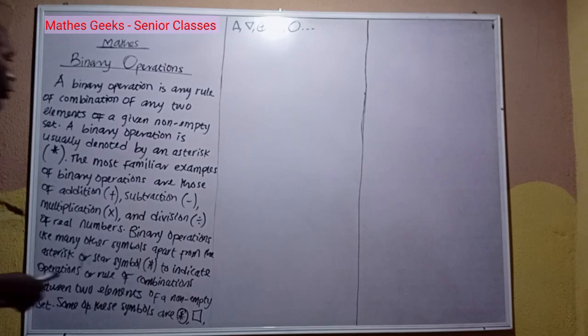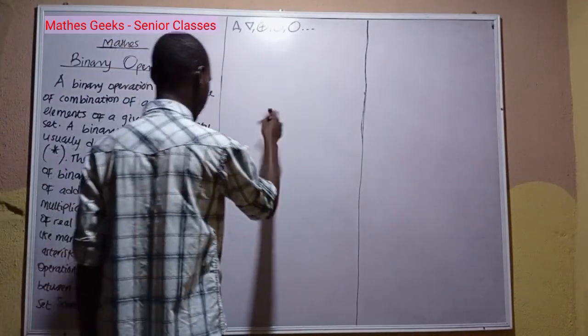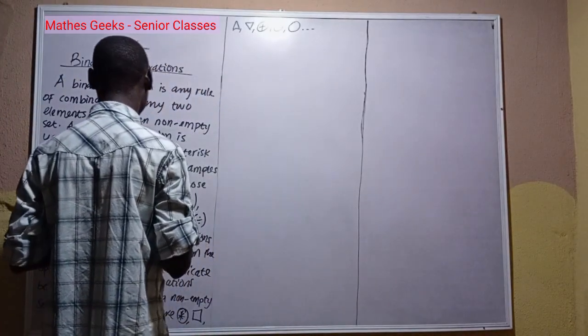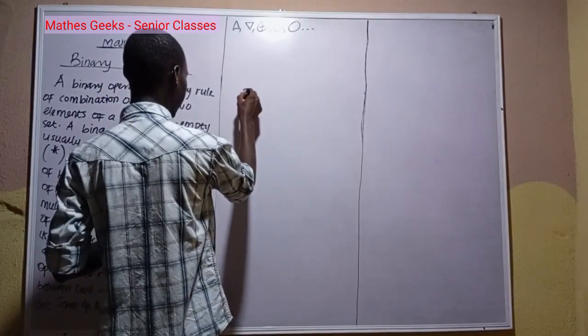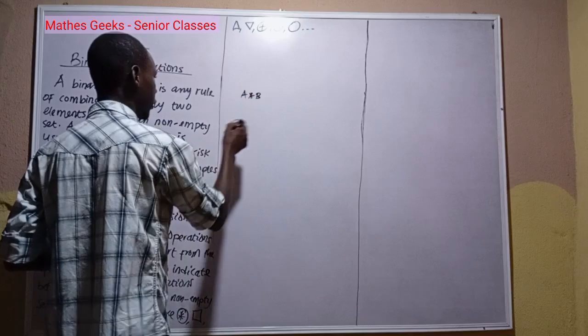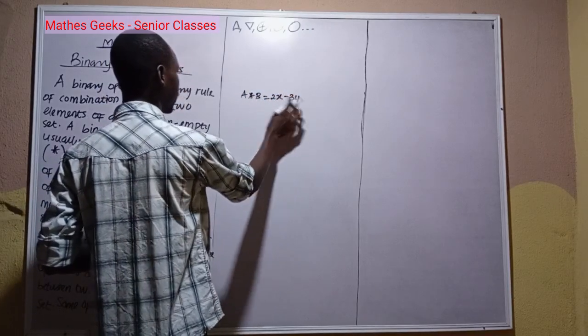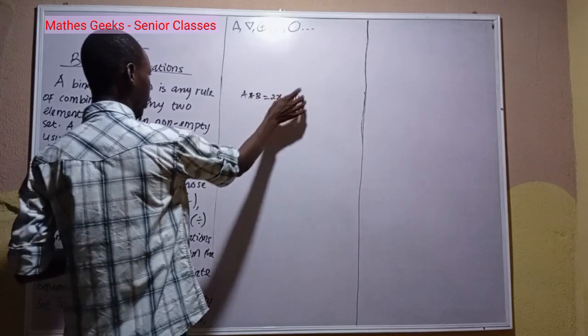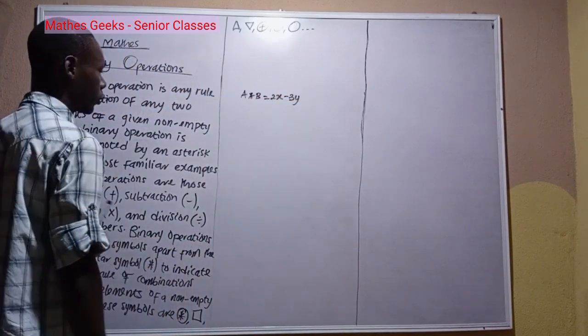For instance, it may not really be plus or minus, it could be a combination of addition, subtraction, division, or any of them. So we can say a star b is equal to 2x minus 3y. So in this case, you have multiplication and subtraction operations together.